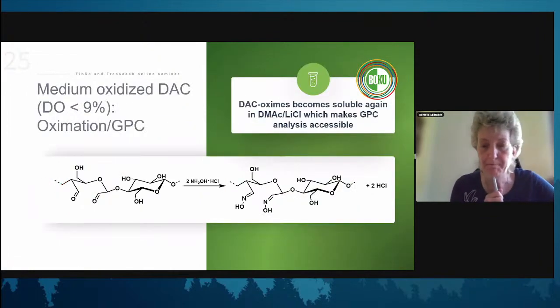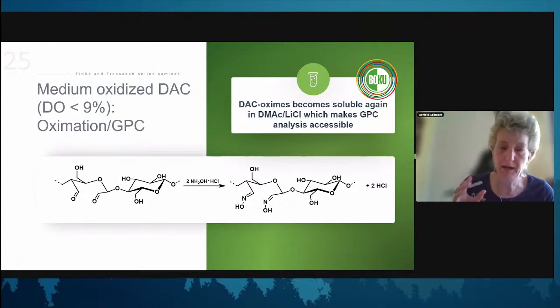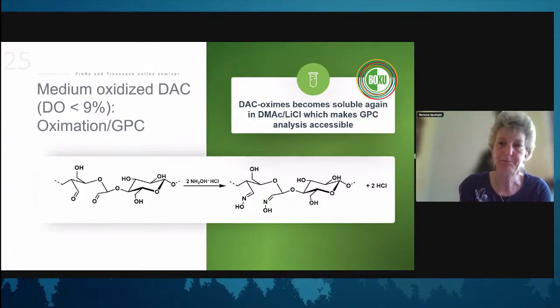All right. Now one workaround to address this black box in the middle: we do a periodate oxidation towards a degree of 20, 30, 40%, and we still want to measure that.